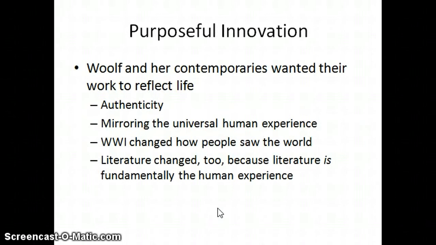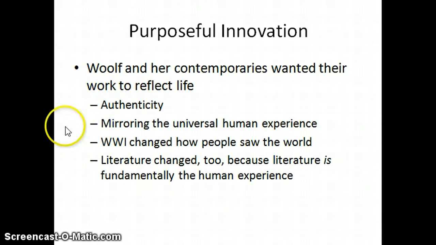Now, this innovation, when the whole scope of writing changes, these things don't happen by accident. These come from talented authors or new authors or interested authors purposefully seeking to change the craft. Woolf and her contemporaries, Virginia Woolf, we're going to talk more about her in a minute, wanted their work to reflect life. They wanted authenticity.